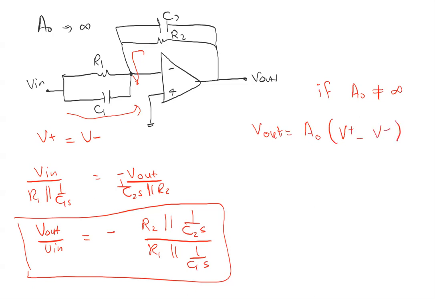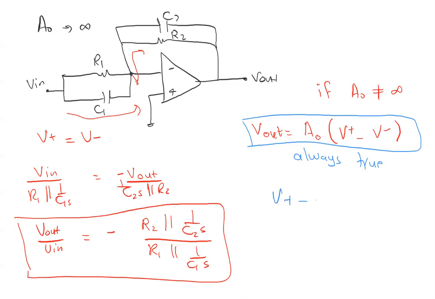This is always true. When A0 is infinity, it makes the problem easy, and we can assume that V positive equals V negative. Just keep this in mind.